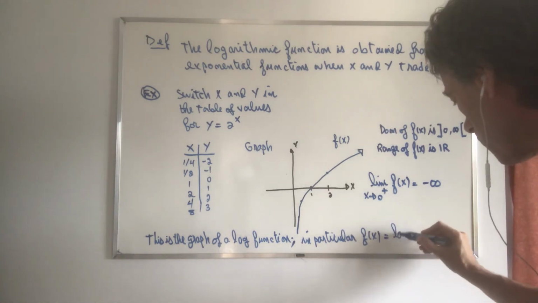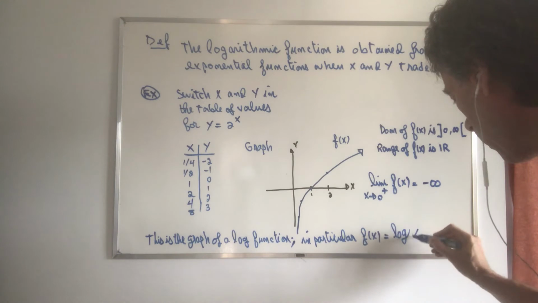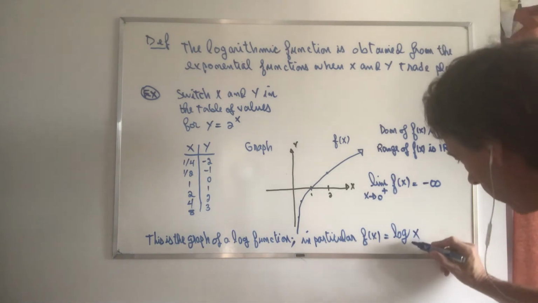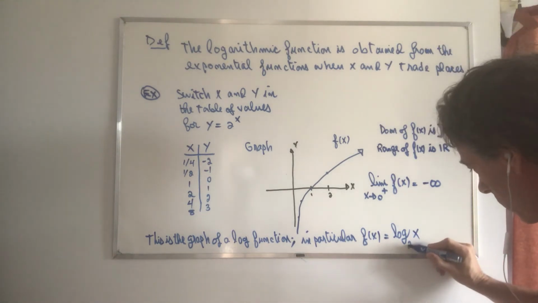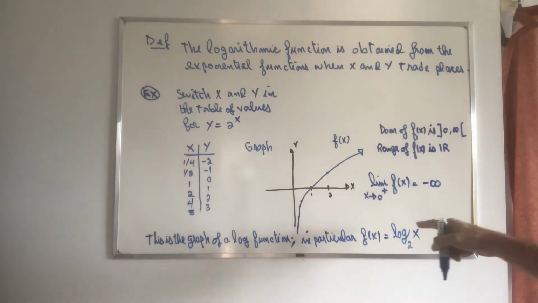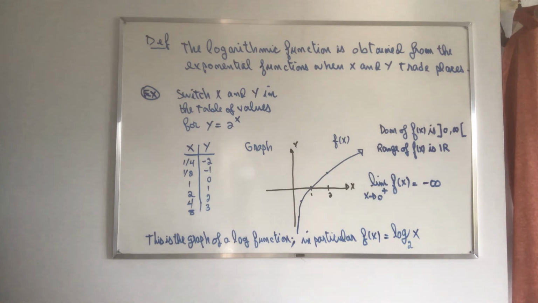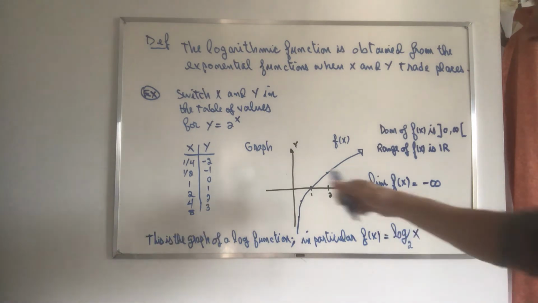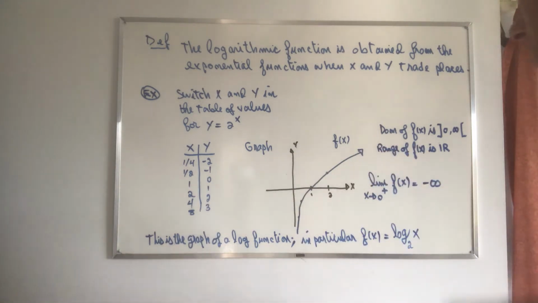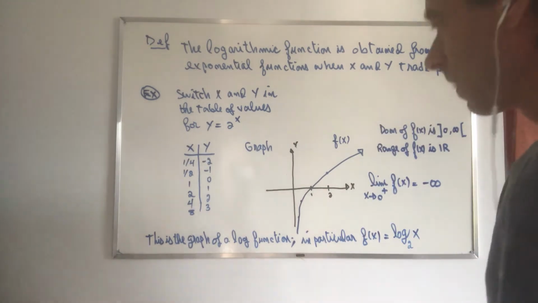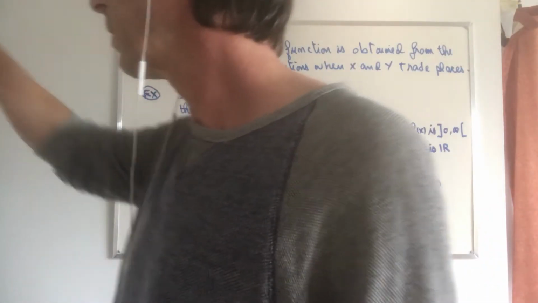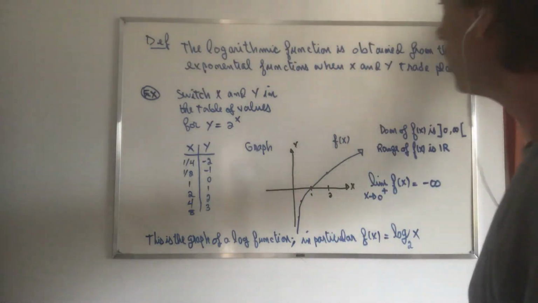You have seen that in high school. LOG for log, so the log of x, and I'm going to put here the base 2. That function, which is represented here, is written as f of x equals log base 2 of x, with its domain from 0 to infinity and its range all of R. Good. So that's just a quick little intro on logs.